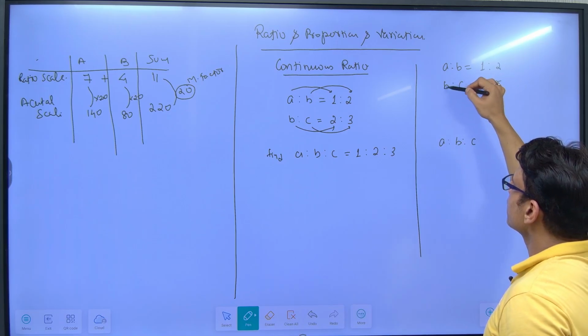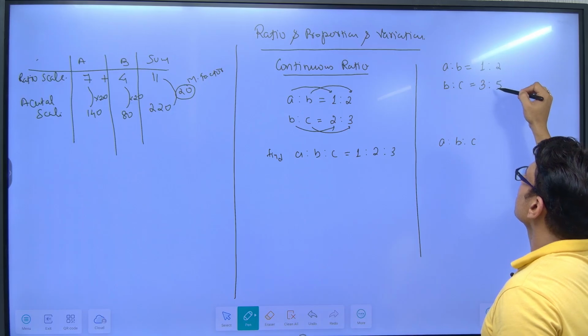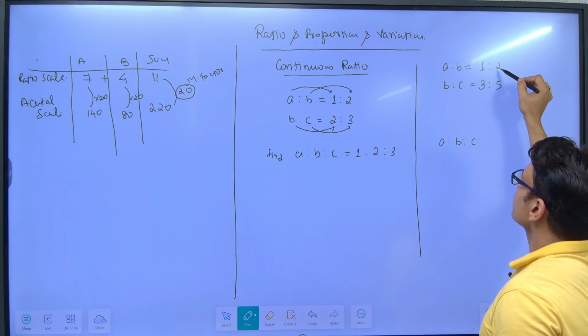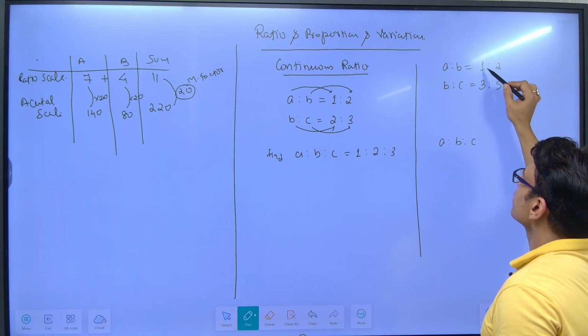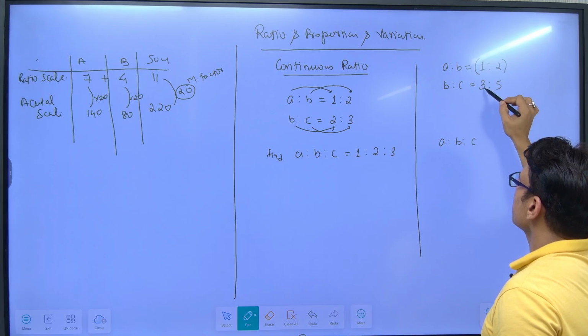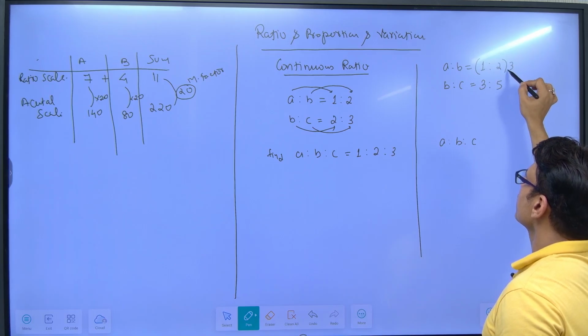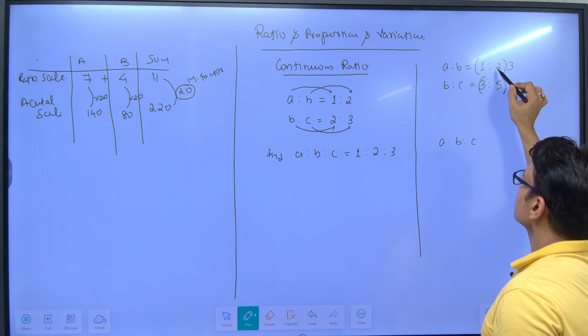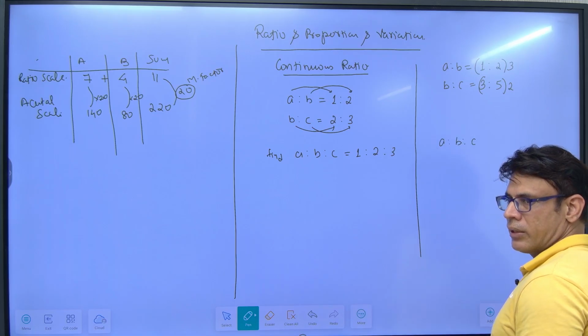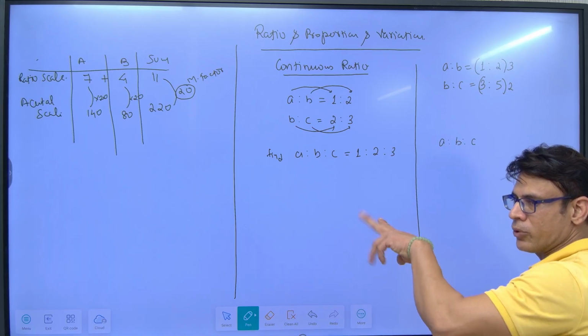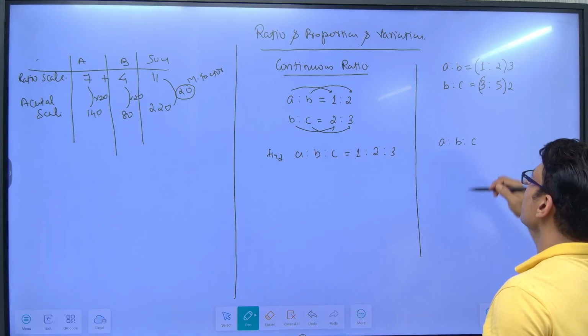But the value of B is 3 in one and 2 in the other. I need the same value of B. So what I'll do is multiply the value of B from the second ratio with the first ratio, and the 2 with the second ratio. Interchange, multiply the opposite values of B with both the ratios.